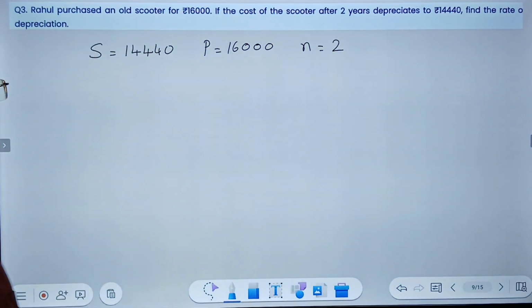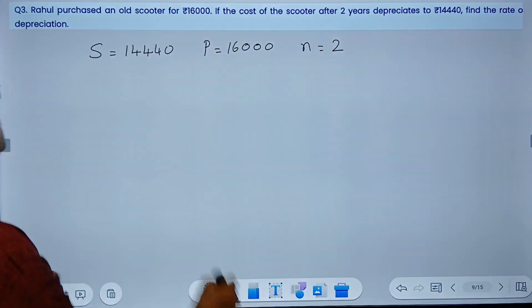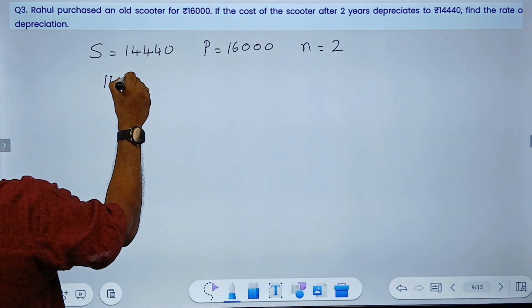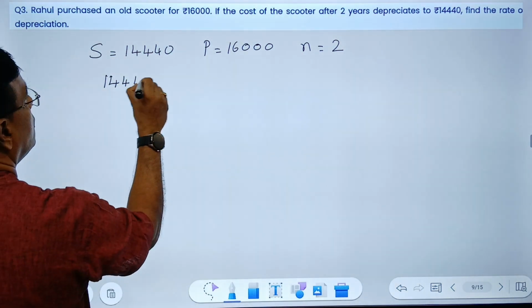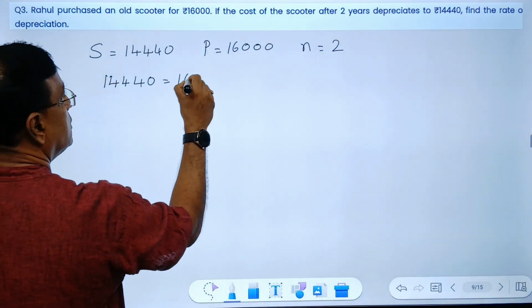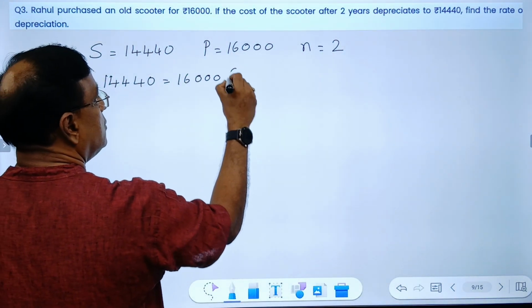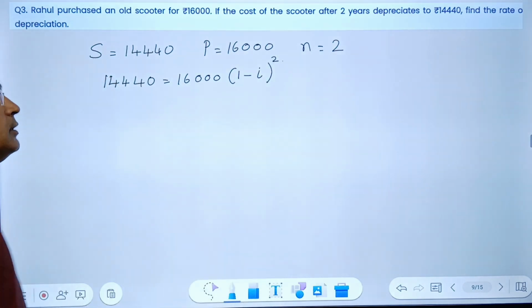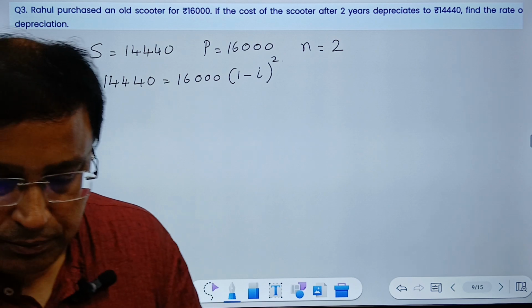Now he is asking us to find the rate of depreciation. So S is equal to 16,000 into (1 - I) the whole square.